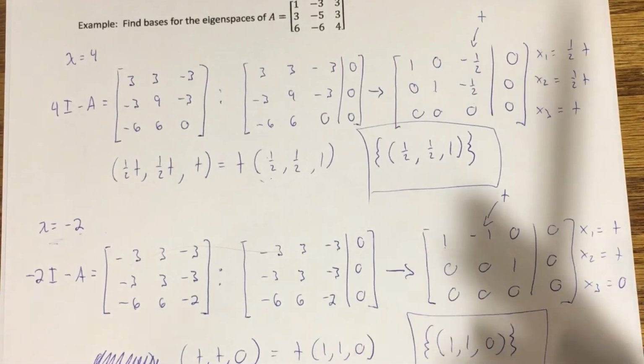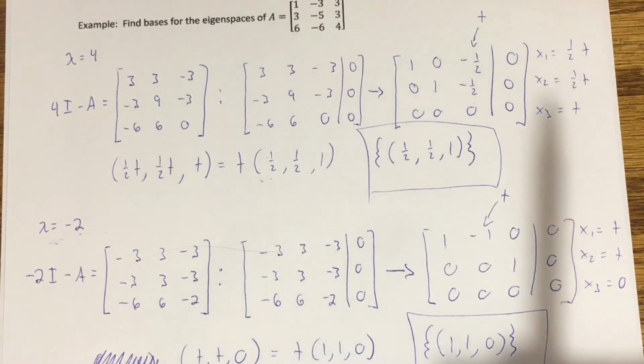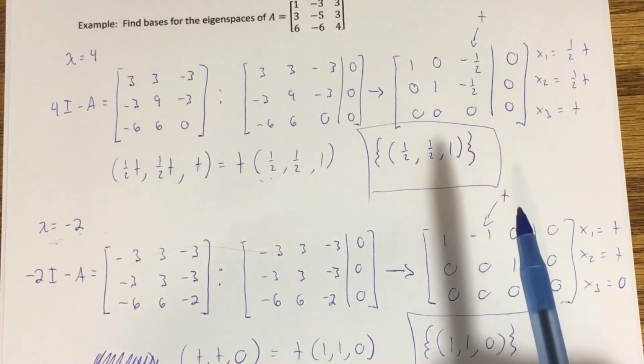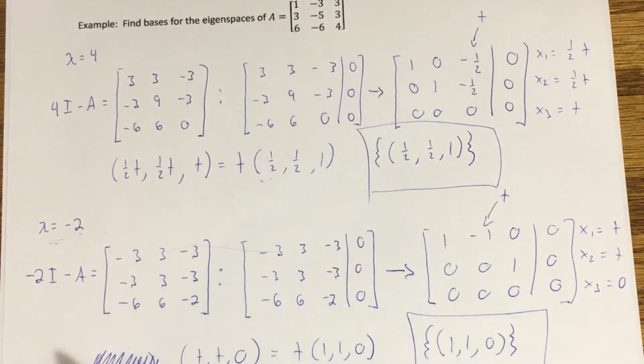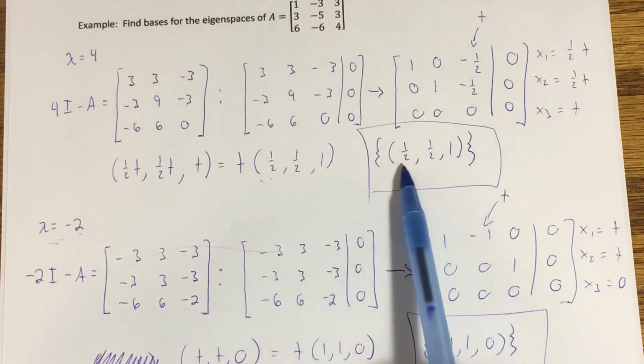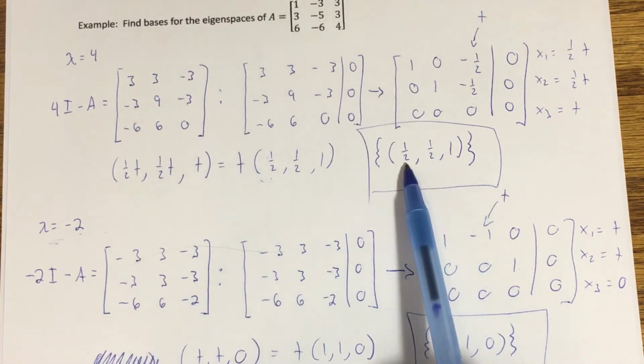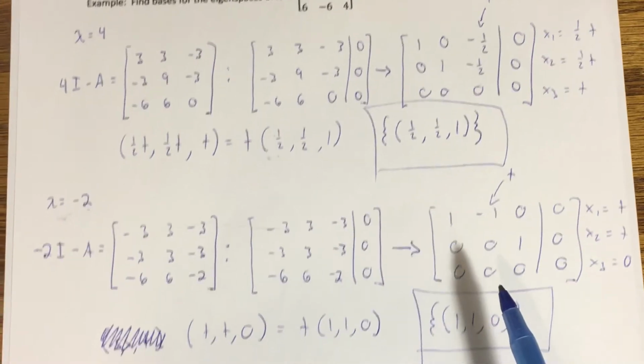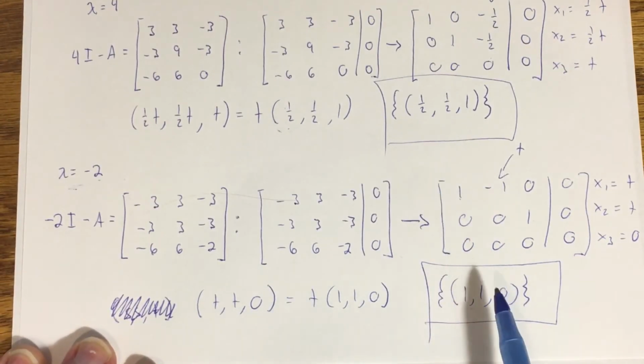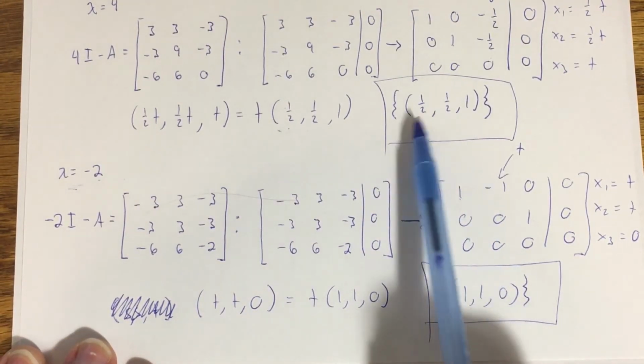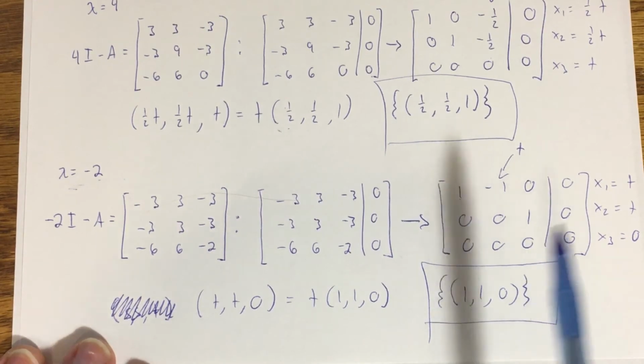So that gives us a description of the eigenspaces of A corresponding to each of those eigenvalues. Notice these are subspaces of R3. So I have a subspace here and a basis for that subspace here and a basis for that subspace here.